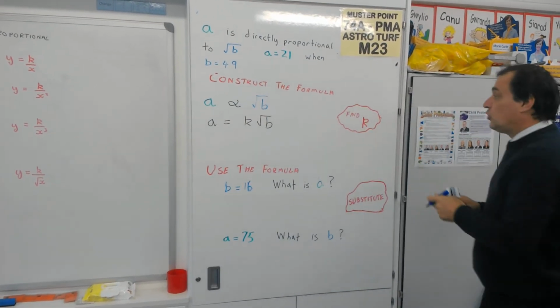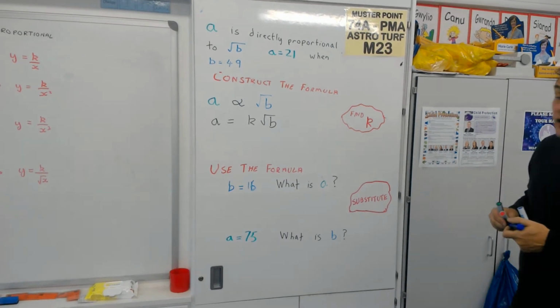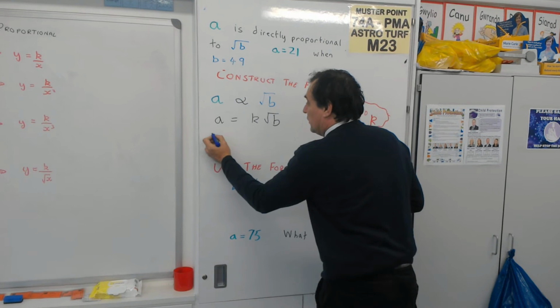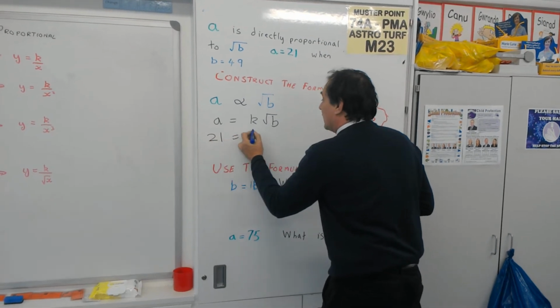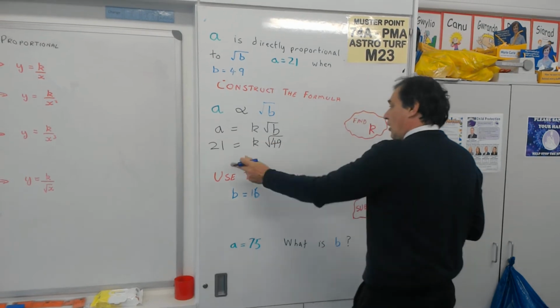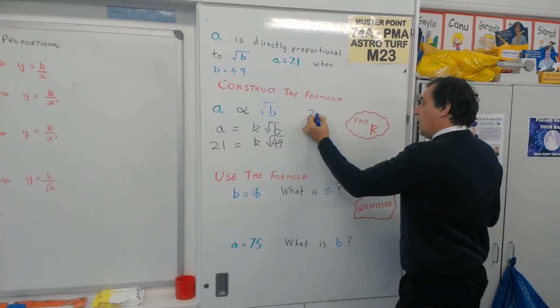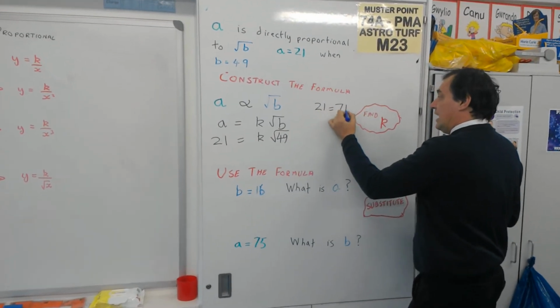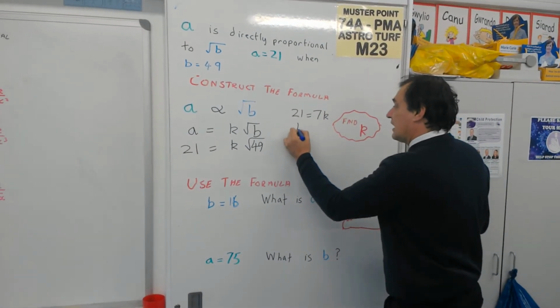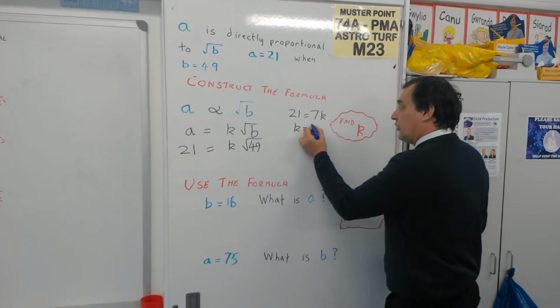Okay, so our job now is to find out what k is. We do that by a bit of substitution. A is 21, so 21 is equal to k lots of root 49. 21 is equal to 7k because the square root of 49 is 7, and that gives us k is equal to 3.